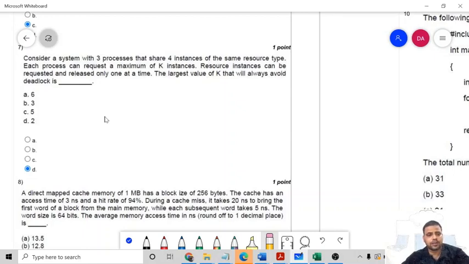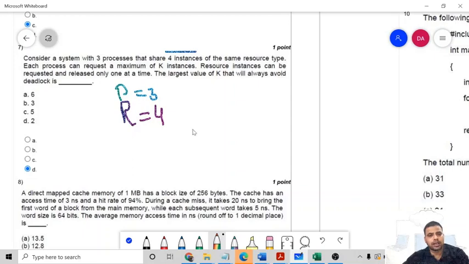So now first we have to write the deadlock free condition. Here the number of processes is 3, and we have 4 instances of resources.